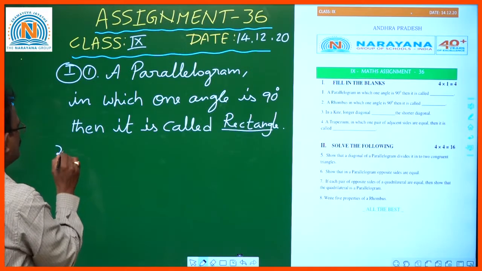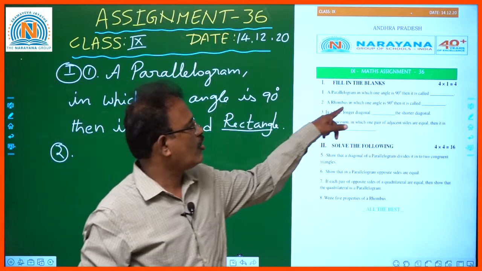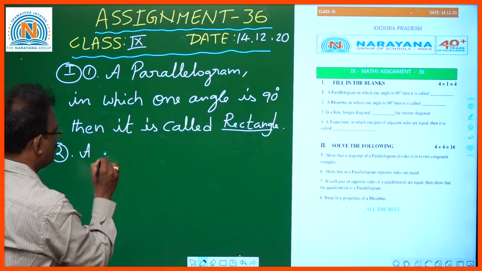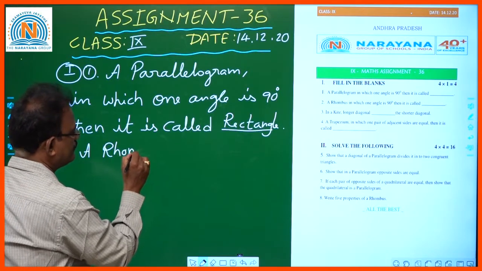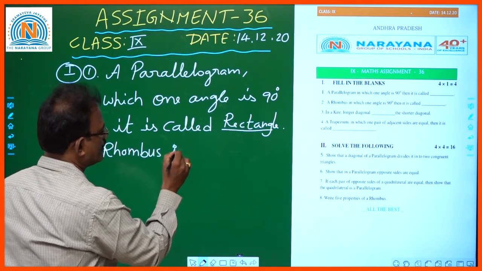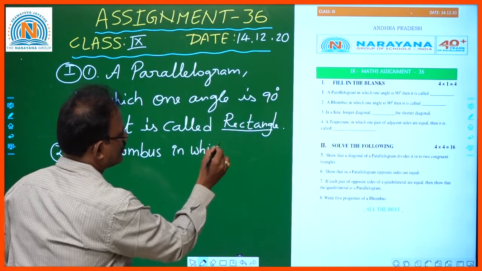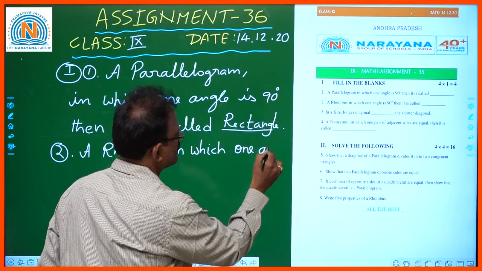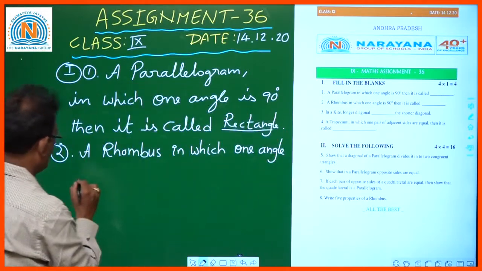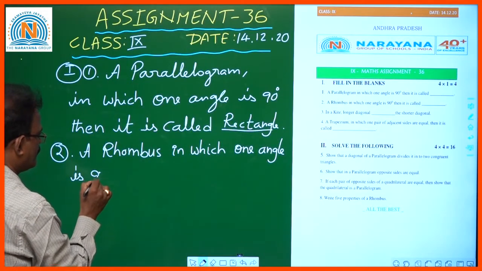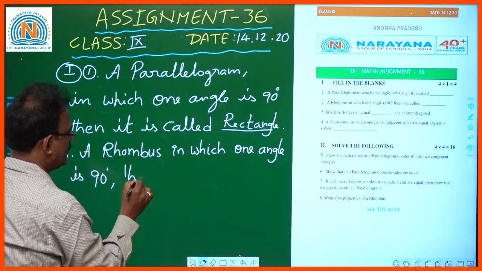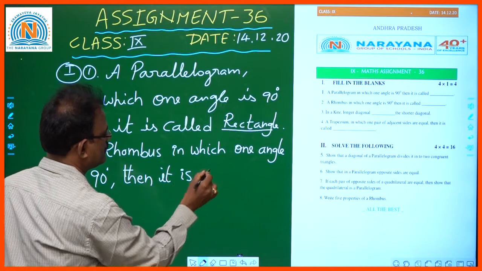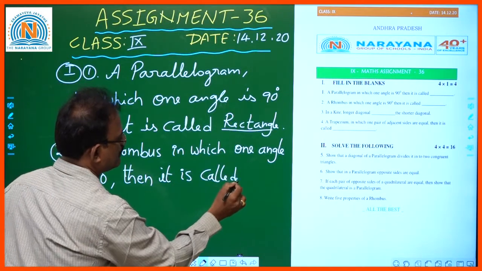So our next question, question number 2: a rhombus in which one angle is 90 degrees, then it is called ___.